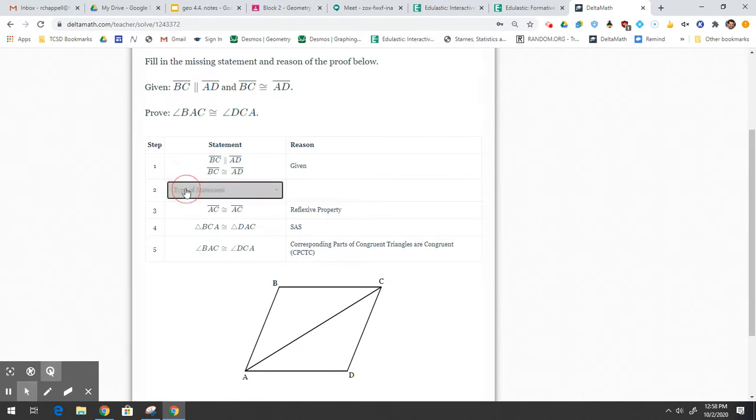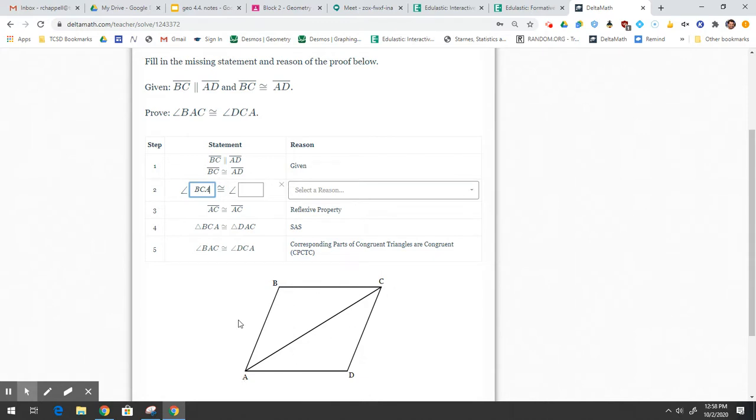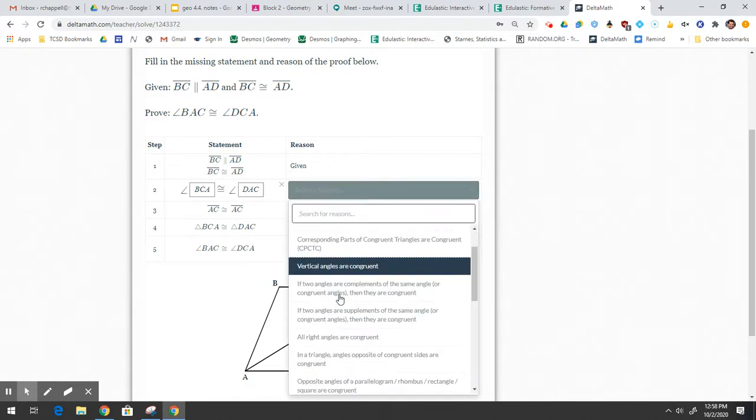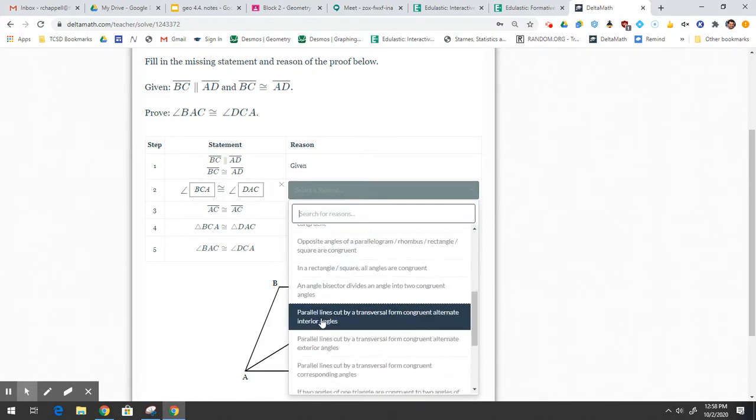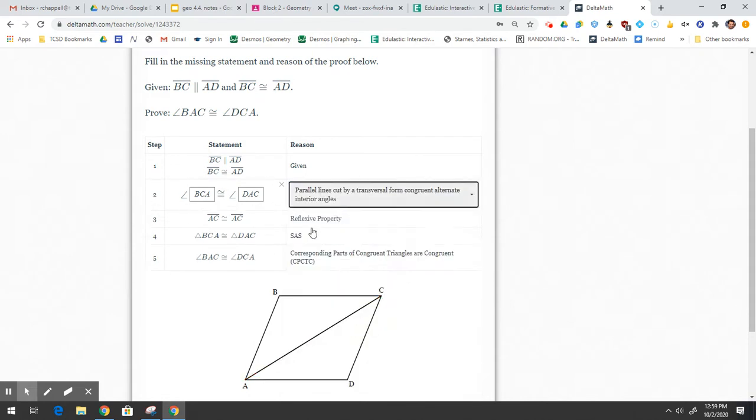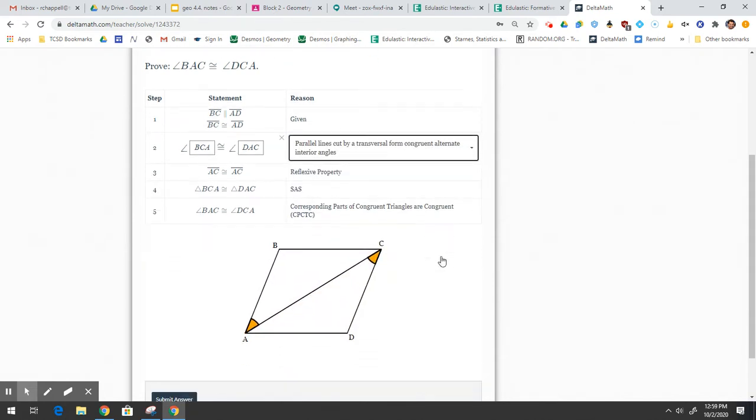So I'm going to say two congruent angles, and I said angle BCA along the parallel side is congruent to DAC along the parallel side, and I'm looking for parallel lines and alternate interior angles. Parallel lines, congruent, alternate interior angles. That's what I think the missing step is.